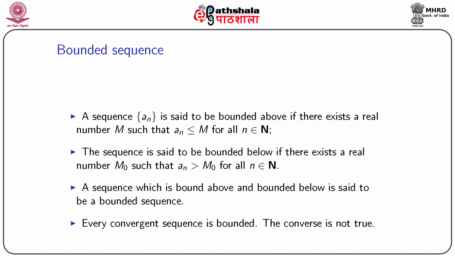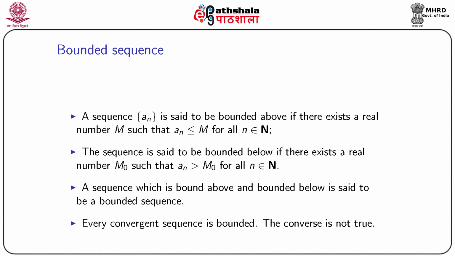Now we will focus on the definition of a bounded sequence. A sequence an is said to be bounded above if there exists a real number capital M such that an is less than or equal to capital M for all n belonging to the set of natural numbers. And the same sequence is said to be bounded below if there exists a real number m naught such that an is greater than or equal to m naught.